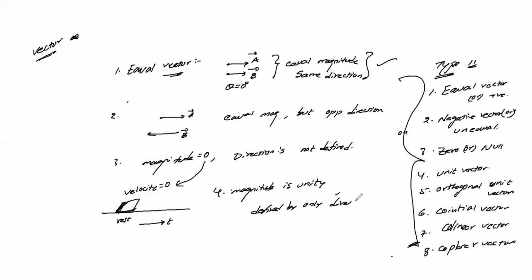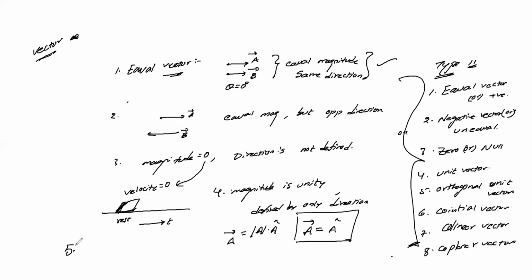For example, take a vector A, equal to its magnitude and direction. If the magnitude is the same, the vector can be identified by only its direction. This is your fourth one.